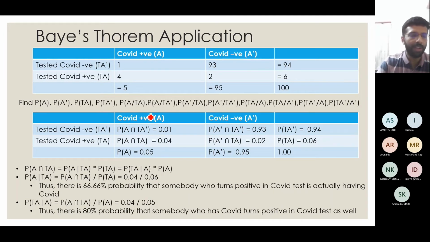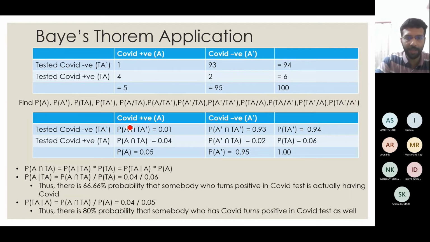Then I am testing all the people in my population for COVID. Out of that I got a few people as COVID positive, the rest are COVID negative. But here there can be conditions like one person who tested COVID positive tested negative when the antigen test was done. And some persons who are actually COVID negative got tested positive in the antigen test. So things like that I can solve using this Bayes theorem.